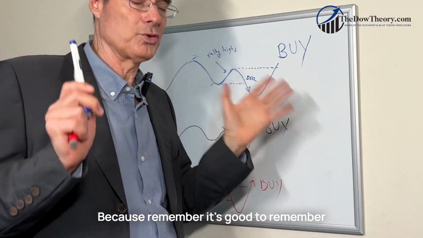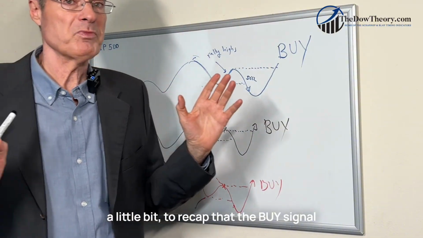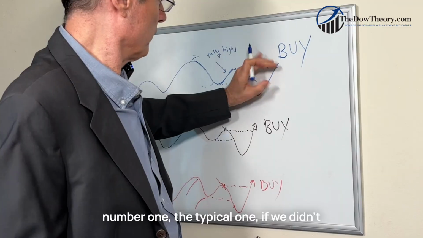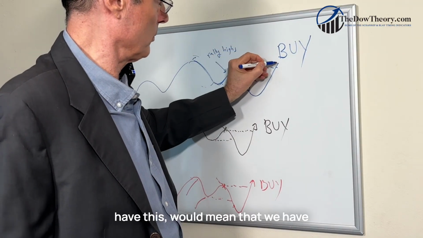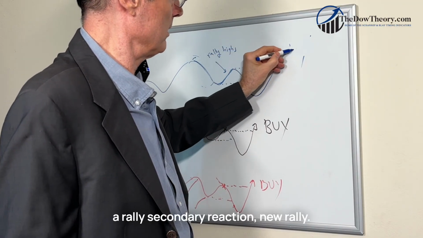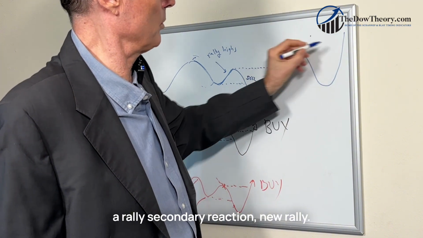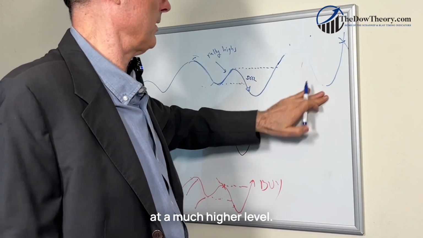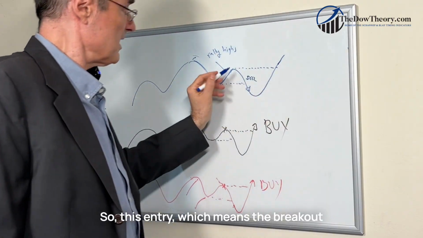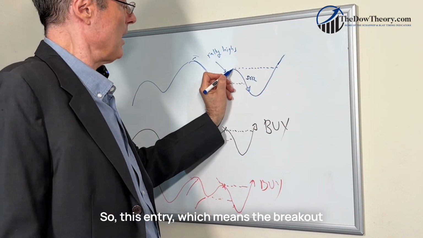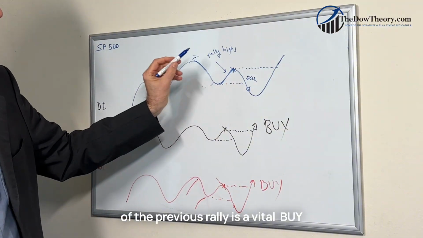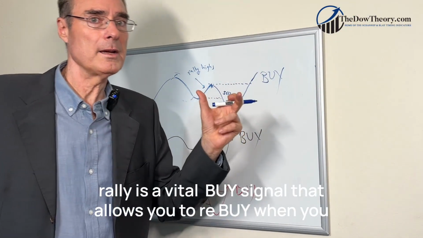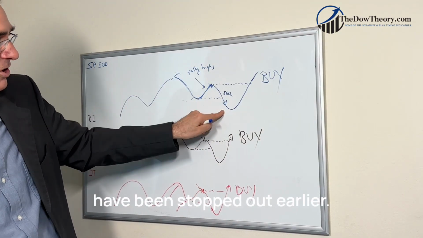Because remember, to recap, the buy signal number 1, the typical one, if we didn't have this, would mean that we have a rally, secondary reaction, new rally. So it would be an entry price at a much higher level. So this entry, which means the breakout of the previous rally, is a vital buy signal that allows you to rebuy when you have been stopped out earlier.